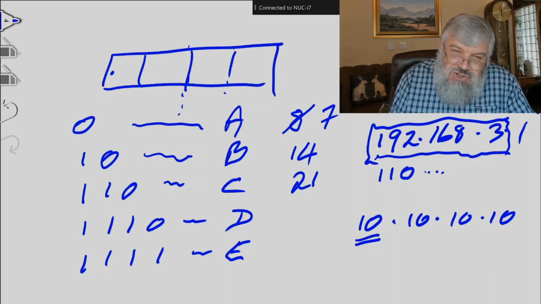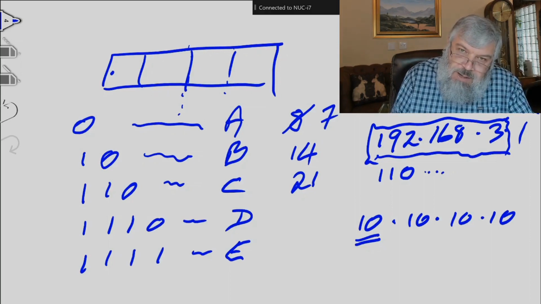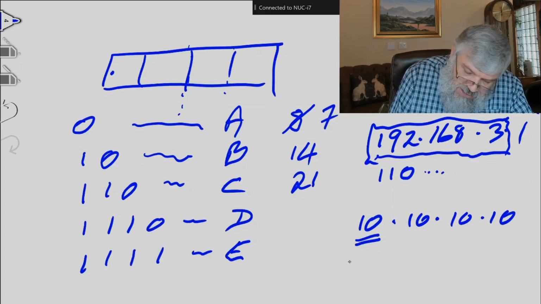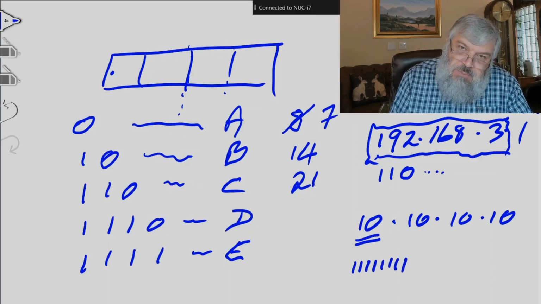The notion that they came up with is called a net mask, and a net mask marks every bit in that 32-bit field with a 1 if it's part of the network portion. So for this, it would be 1, 2, 3, 4, 5, 6, 7, 8. All 8 bits of the initial byte form the network portion.